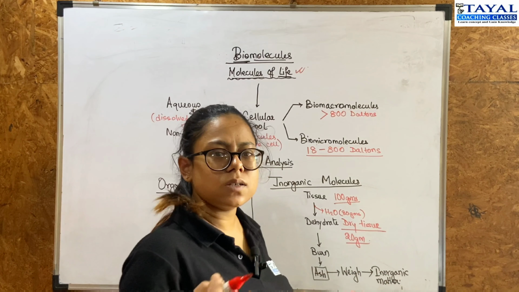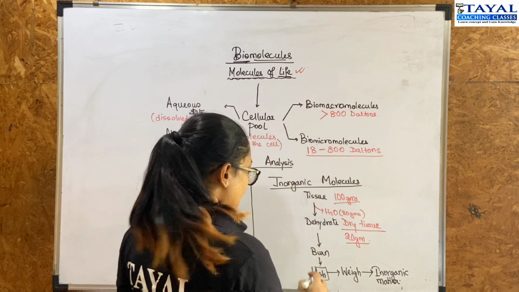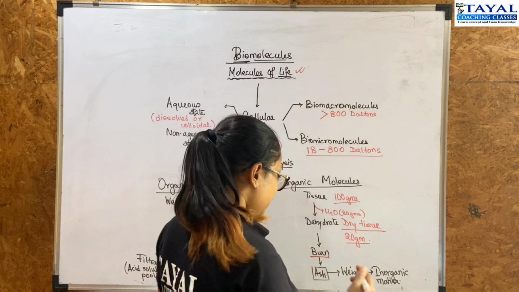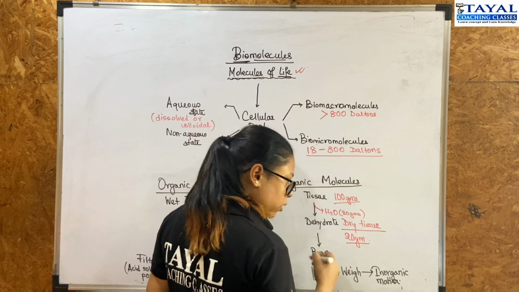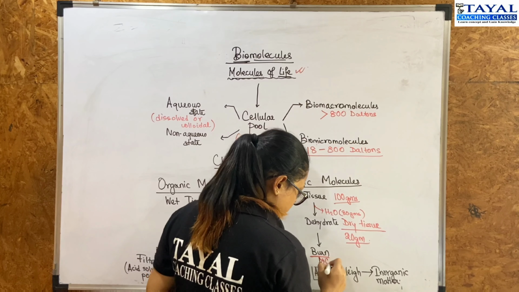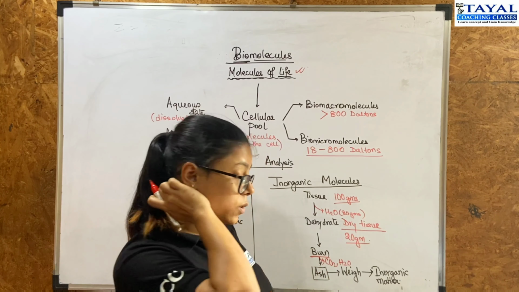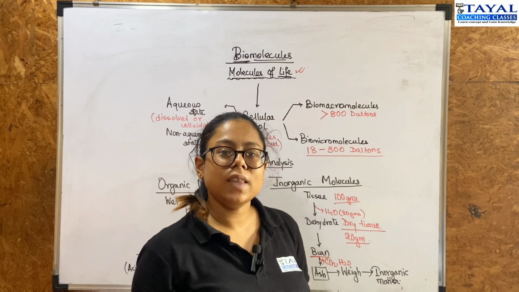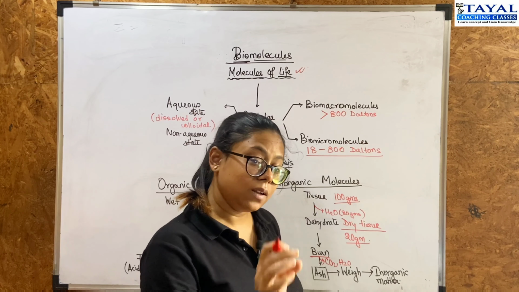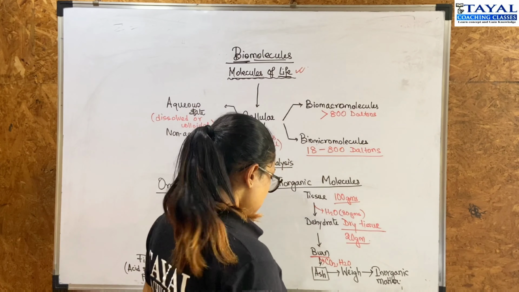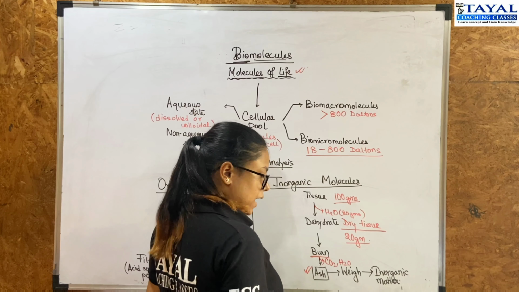Now you take this 20-gram dry tissue and you burn it. When you burn something, obviously the carbon dioxide and whatever water is left will also escape. So carbon dioxide and water in the form of vapor will escape. Whatever then will be left would be the non-carbon containing compounds. They are your inorganic compounds. So what you would get is basically the ash.